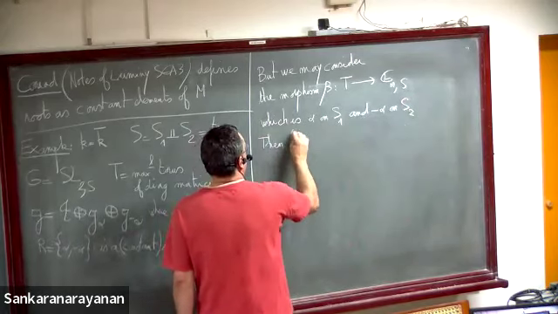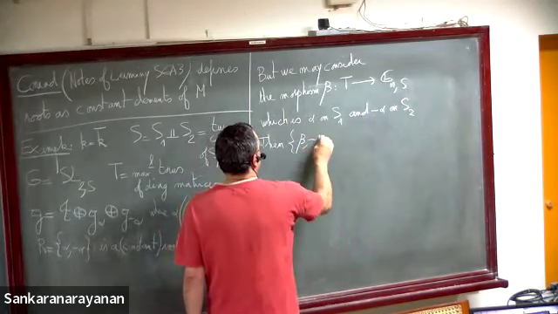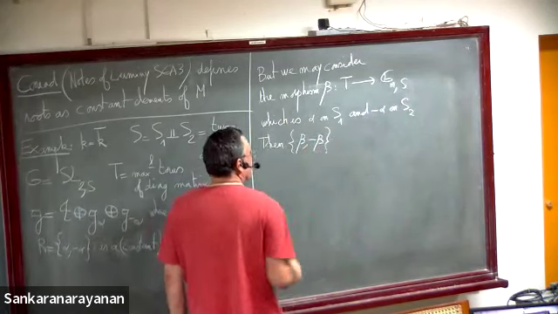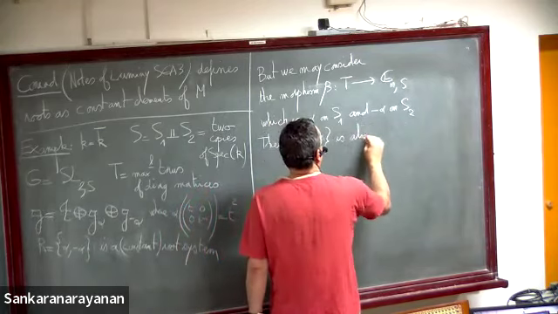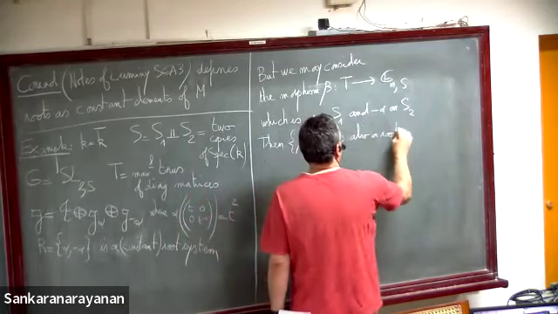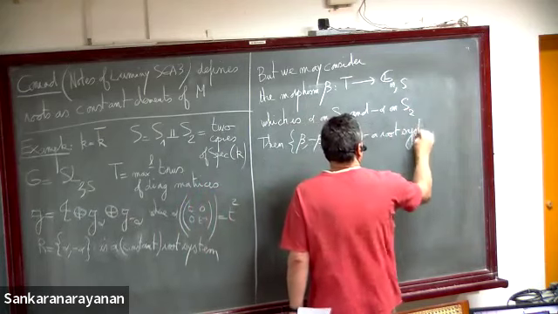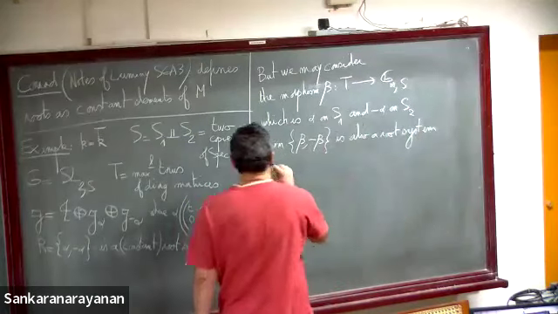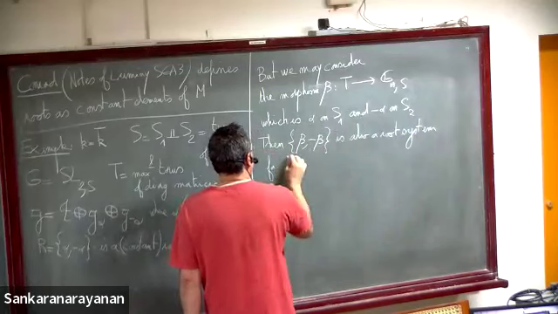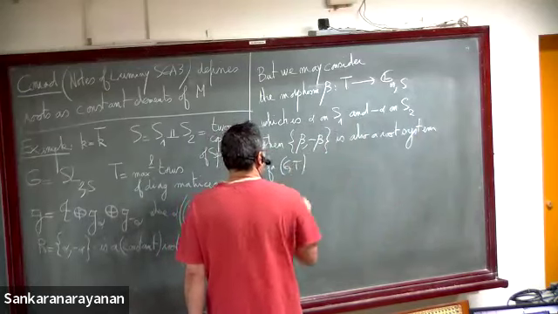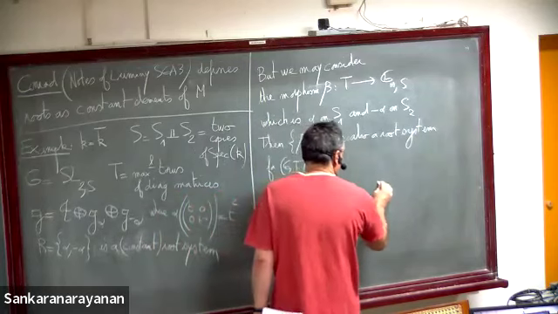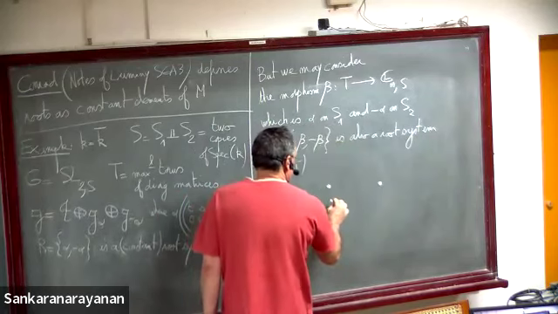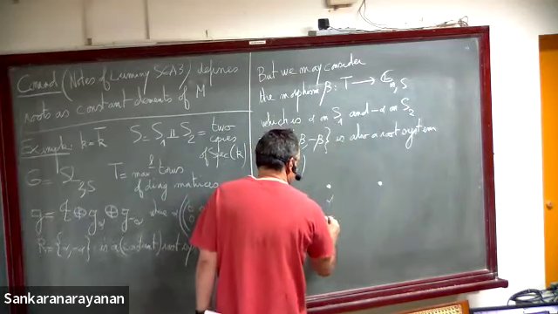Then beta, minus beta is also a root system for G_T.